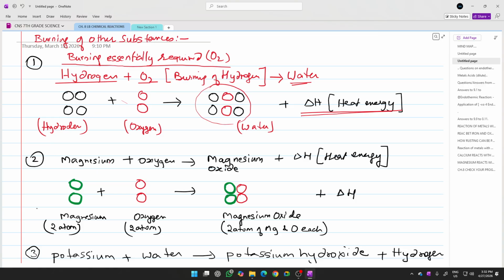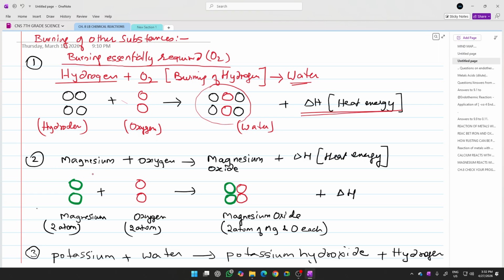The second example of burning is burning magnesium metal. You can ignite or burn magnesium metal in the presence of air, and air will always have oxygen. In air you will find the maximum amount of oxygen, and also hydrogen and nitrogen, but those are in very small quantity. So when you are burning something in air, you can always think of oxygen being consumed from the air in that burning.